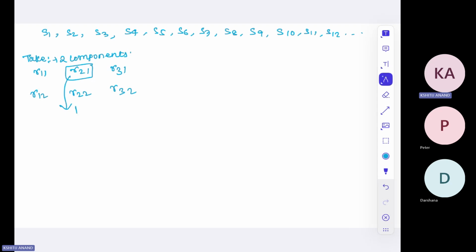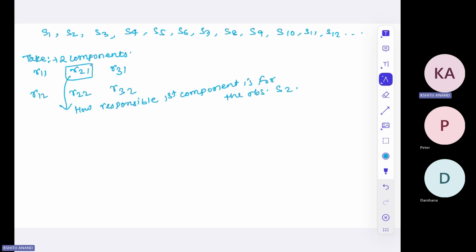R21 denotes how responsible the first component is for the observation S2.